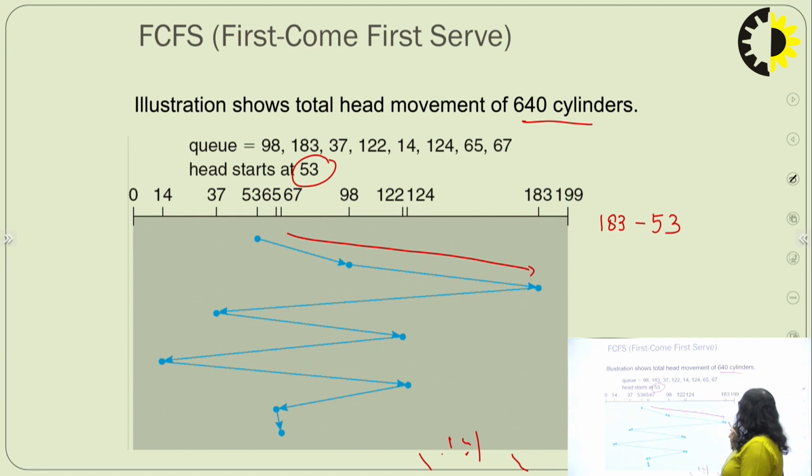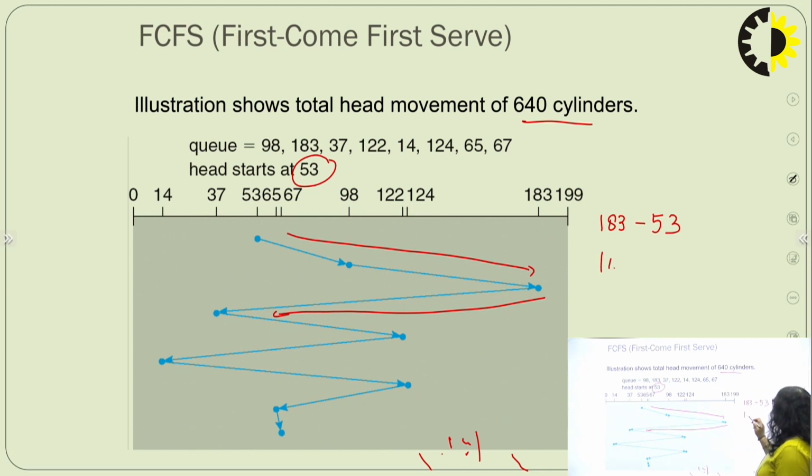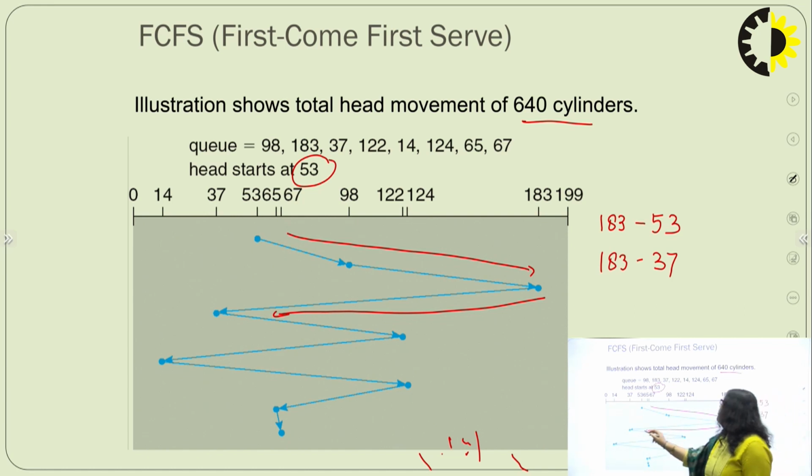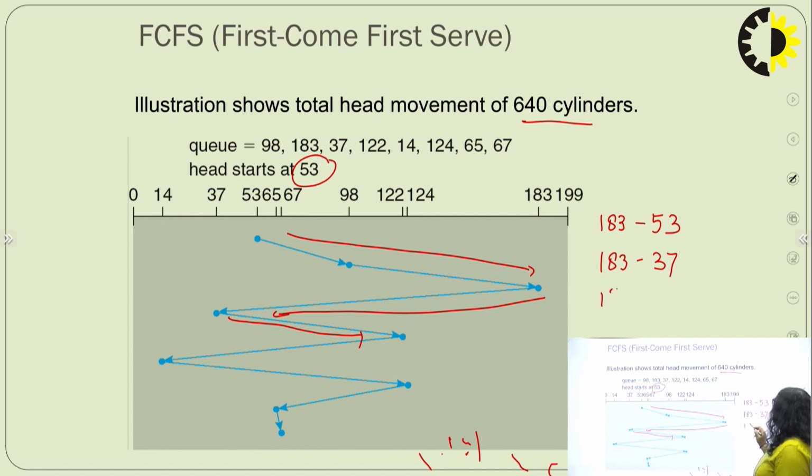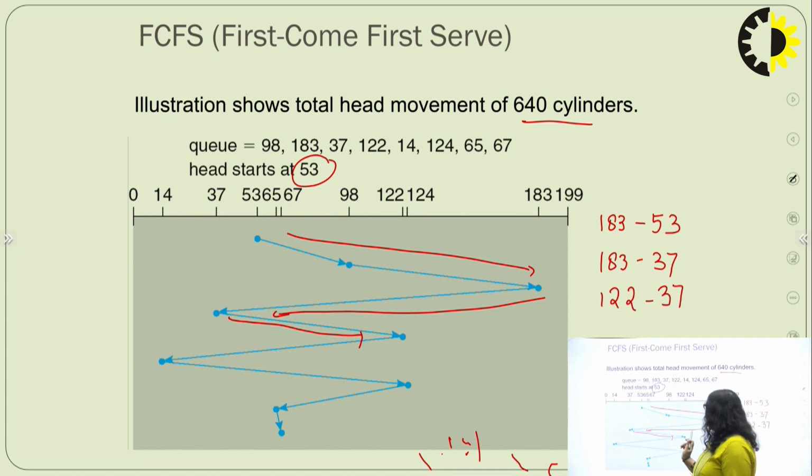Now again we subtract from highest to lowest. So again 183 minus 37. The second movement is 183 minus 37. The third movement is 122 minus 37, and now 122 minus 14, highest to lowest.